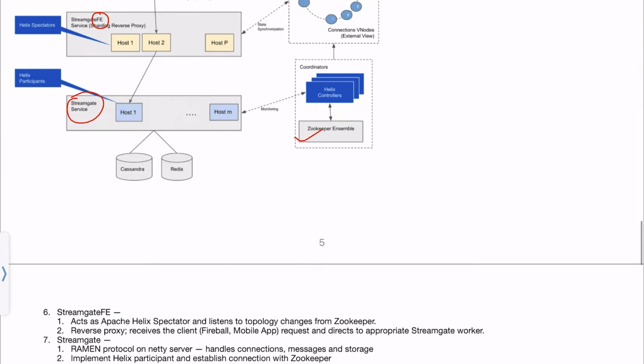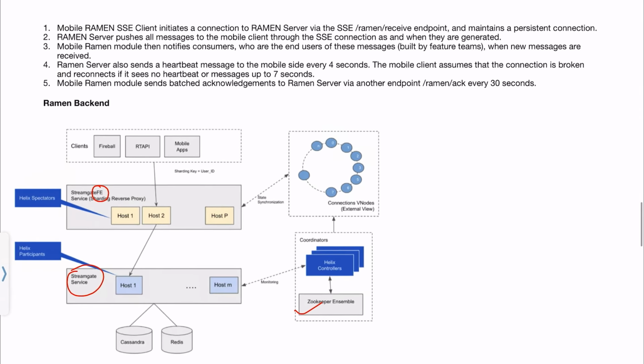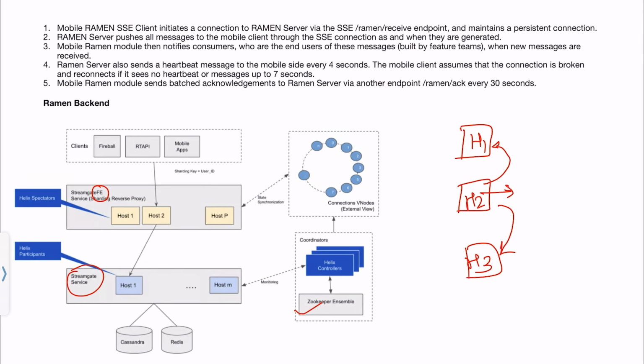A basic example of rebalancing: let's say you have three nodes, three hosts, h3, h2, h1. Now if this h2 goes down, you want to shift some of its traffic to h1, and some of the traffic to h3. This is a simple example of rebalancing.